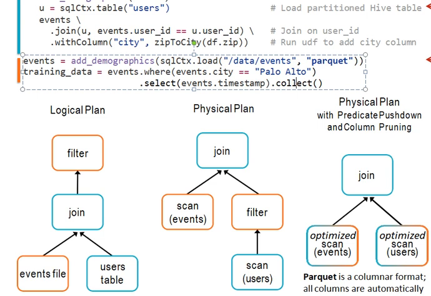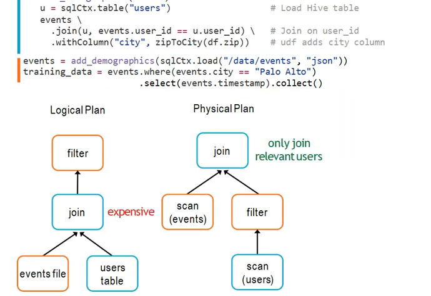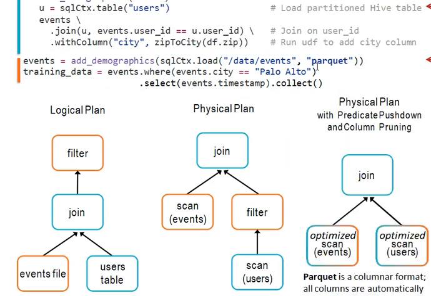So the source code is the same. The difference is the data format. Looking at the physical plan with predicate pushdown and column pruning, you can see that they scan the event and optimize at the same time.